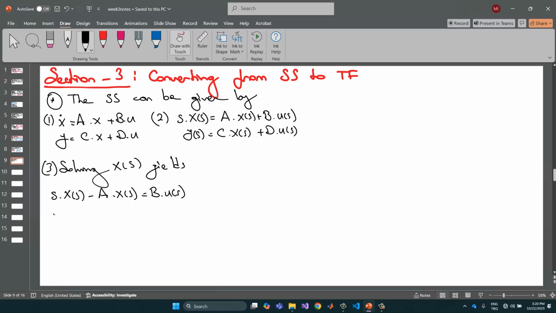If we collect these terms, this is equal to (SI minus A) X(s), which is equal to B U(s), right? What's the meaning of this I? Identity matrix, yes. And so, from here, X(s) is equal to (SI minus A) inverse times B times U(s), right?